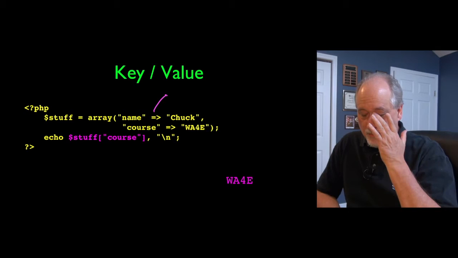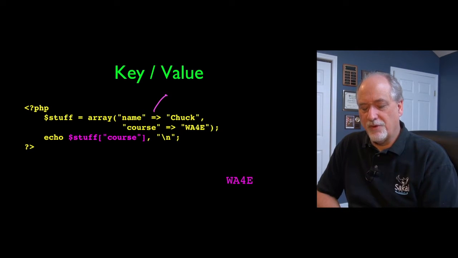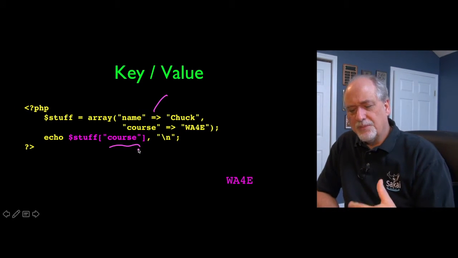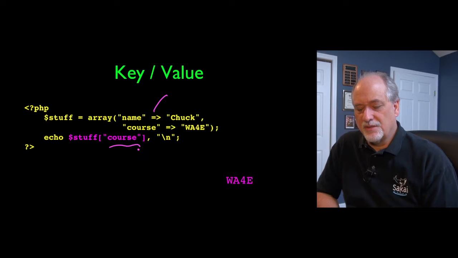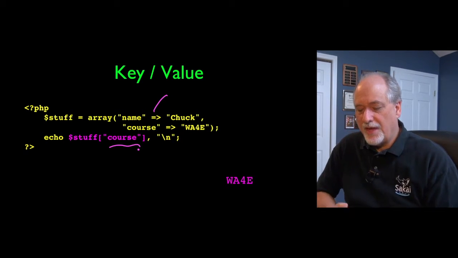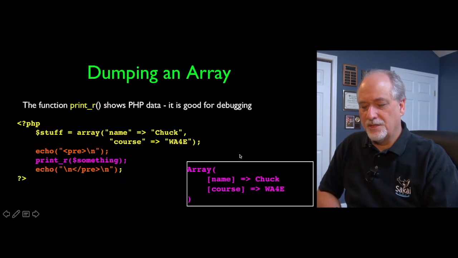So the key name maps to the value Chuck, and the key course maps to the value WA4E. Then you can look up based on the key; stuff sub course is the way I read that. That says go in the array stuff, look up the key with the string course, and pull that out. And so it prints out the thing that's in there, web applications for everybody.